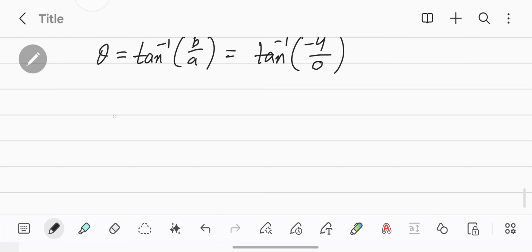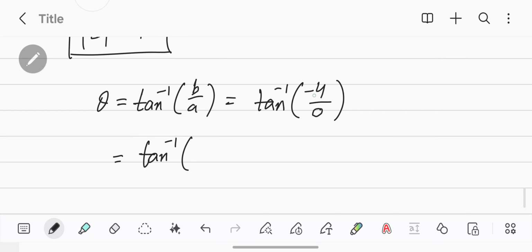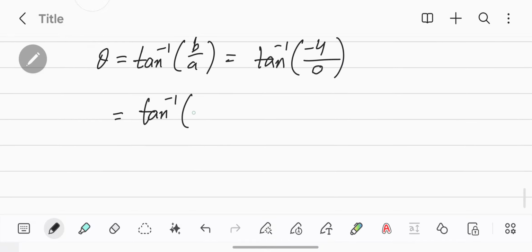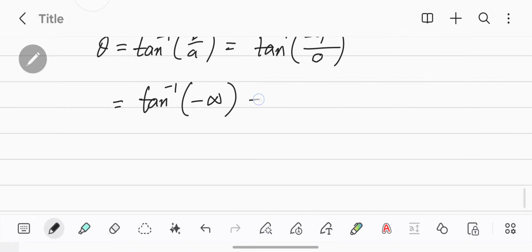Since something over 0 is infinity, but I have negative also, I will write negative infinity. So tangent inverse of negative infinity, if I solve it, I'll get negative pi by 2. Negative pi by 2 is negative 90 degrees, so I will write it in degrees.